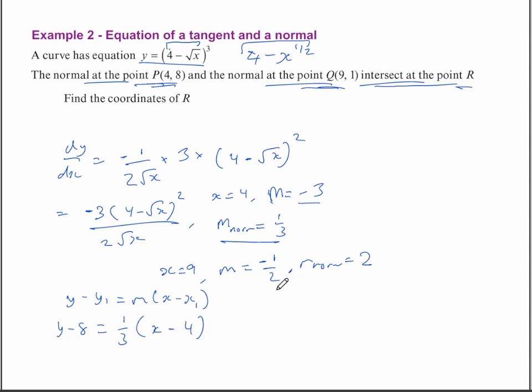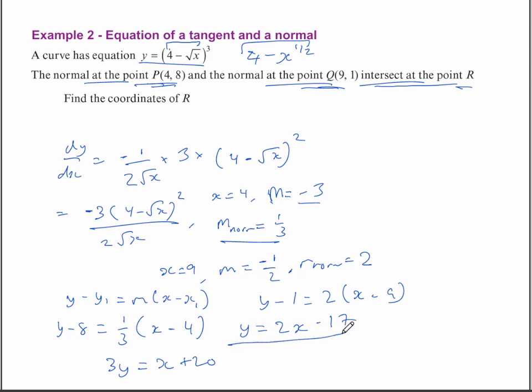On the other hand, for Q, we have y - 1 is equal to the gradient of the normal at Q, which is 2, times (x - 9). This will give us two equations for the two normals. The first one being 3y = x + 20. On the other hand, this equation is going to be y = 2x - 17.